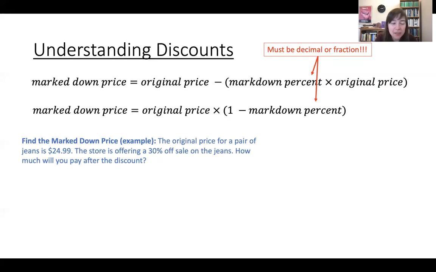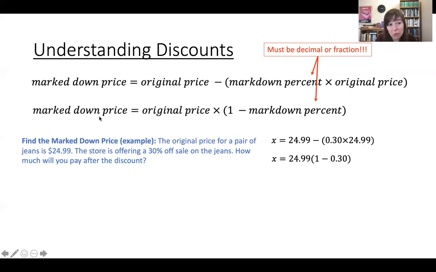So, using the original equation, the original price is $24.99, so we'll put that here and here. And the discount is 30% off, so we're going to put 0.3 here. Then we have to calculate the marked down price. Go ahead and pause if you want to try to do this yourself first. Otherwise, we have, using this first equation, this setup.